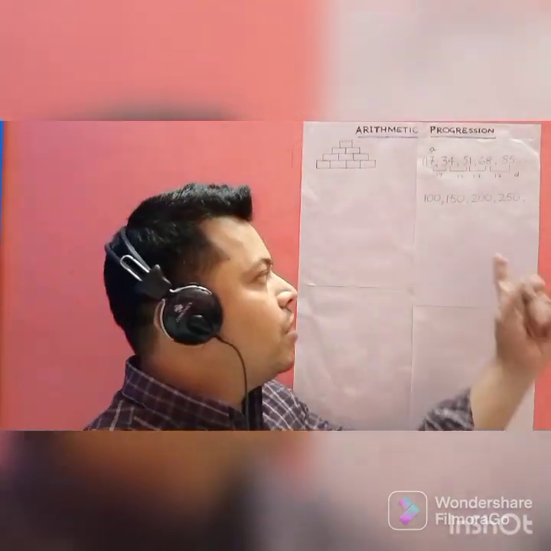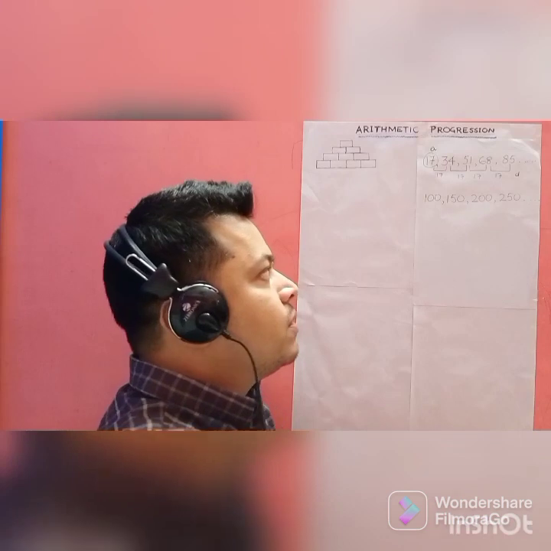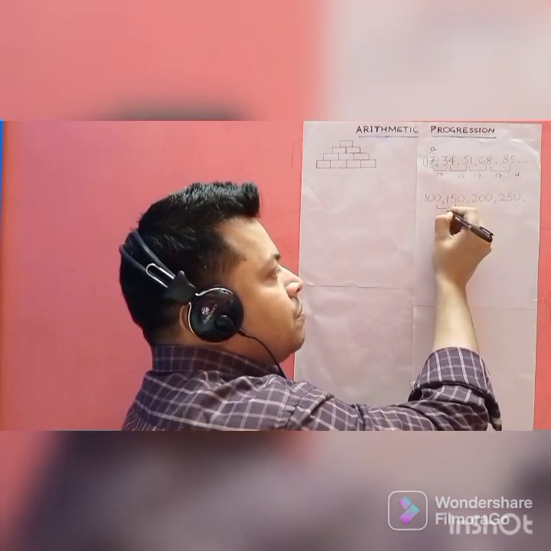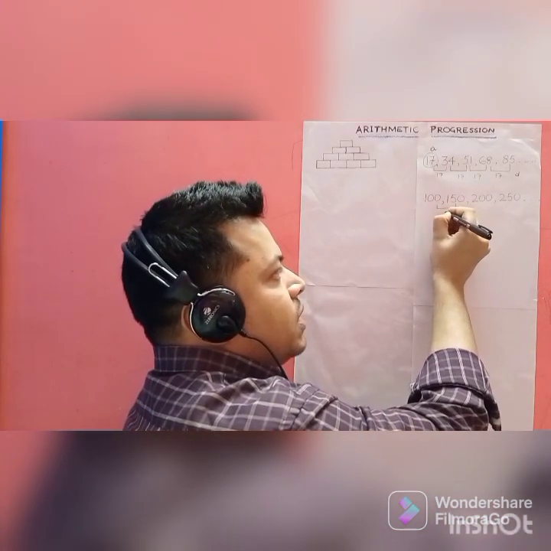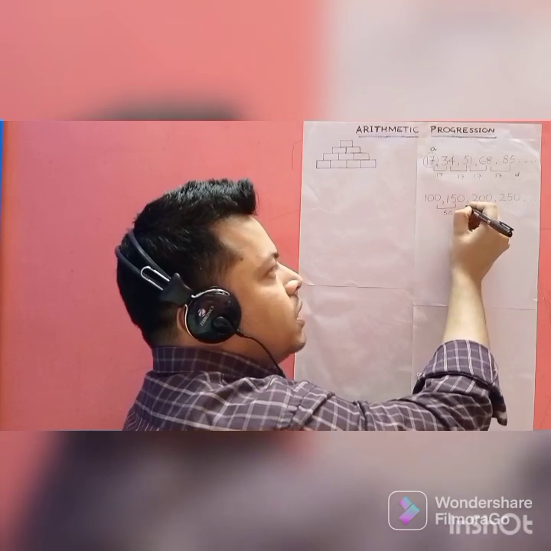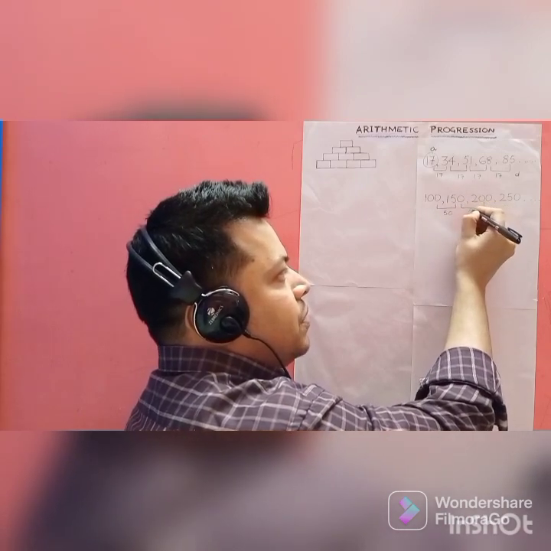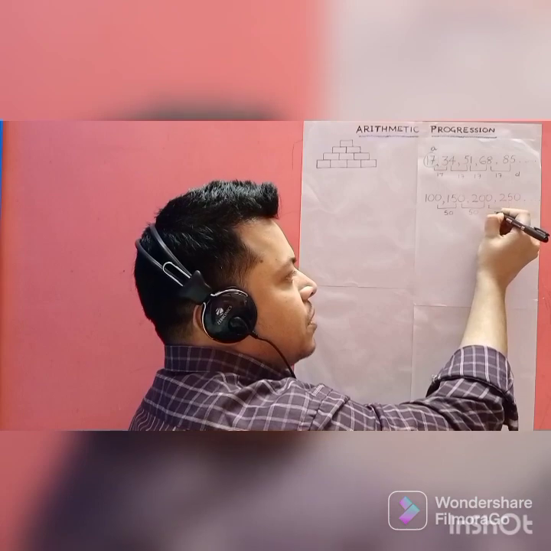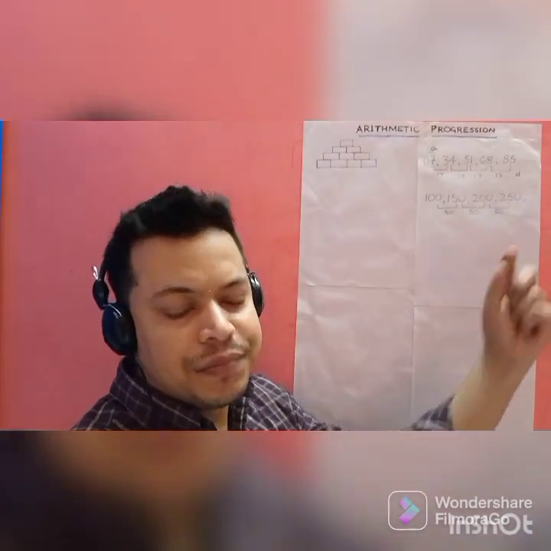Here, if we look at the numbers, again the difference between two consecutive terms is the same. The common difference is the same. It is 50, 50, 50. So again, we can say that this forms an AP.